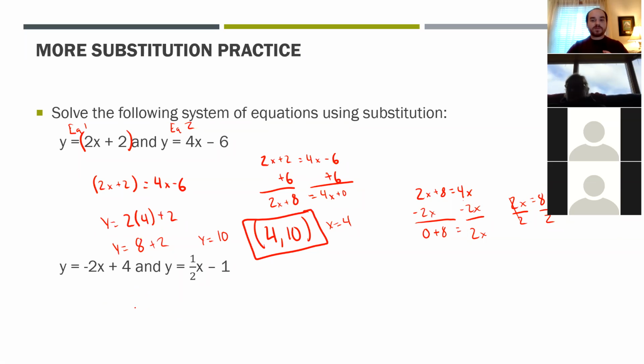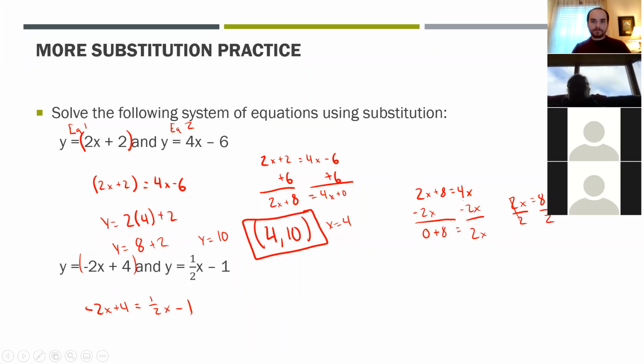So again, what is my first step? What's the first thing that we did in this equation? Yep, we're going to set our equations equal to each other again. So this time, we're going to take this negative 2x plus 4 and set it equal to our 1/2 x minus 1. So negative 2x plus 4 equals 1/2 x minus 1.